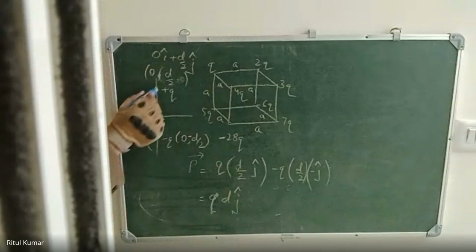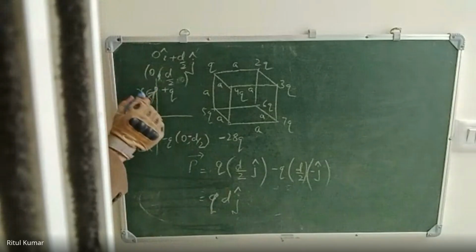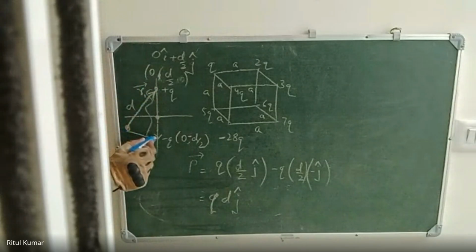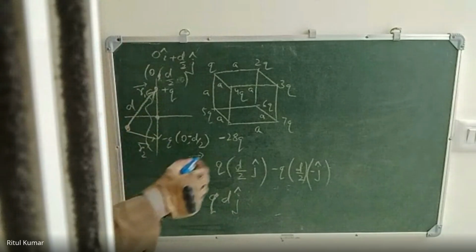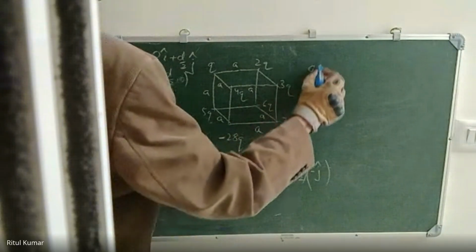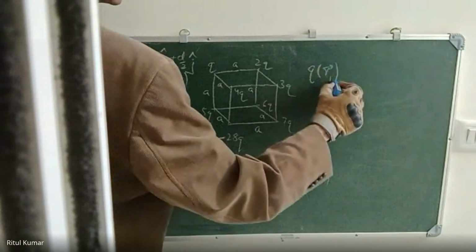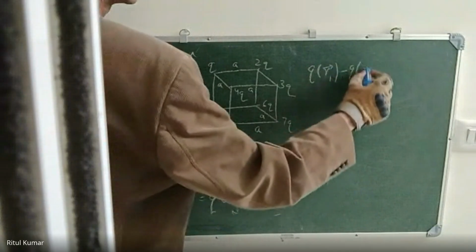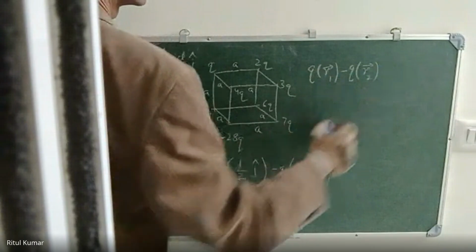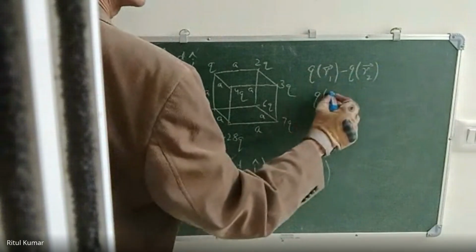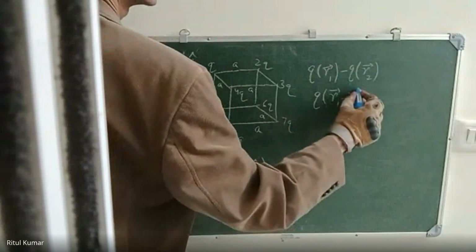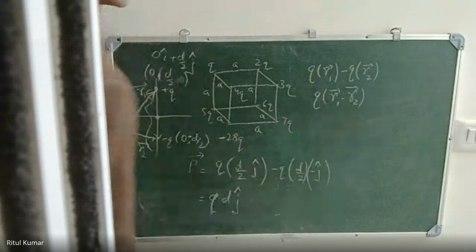This is R1. Assume this to be R2. And then figure it out: Q into R1 minus Q into R2, right? What do we get? Q into (R1 minus R2), right, class?